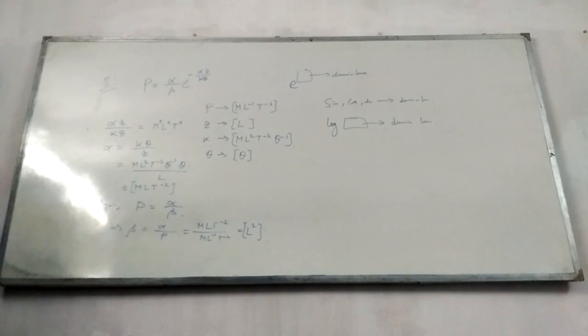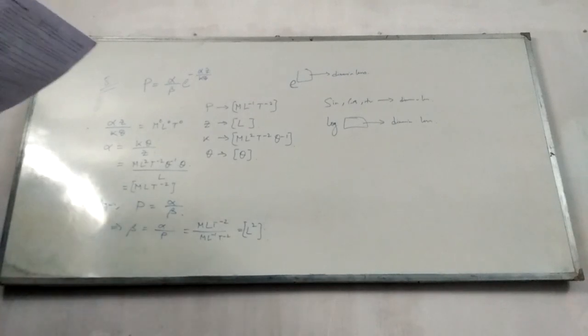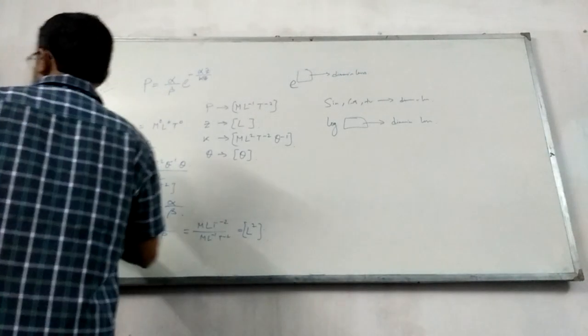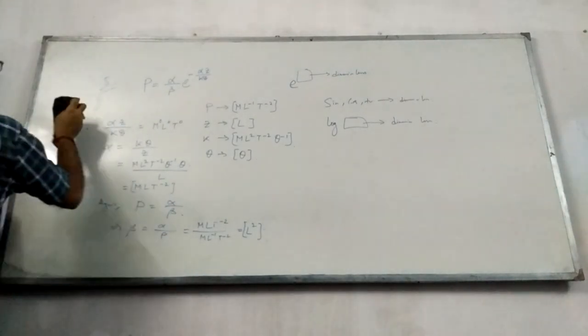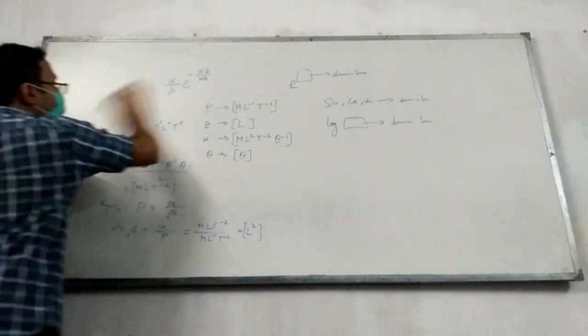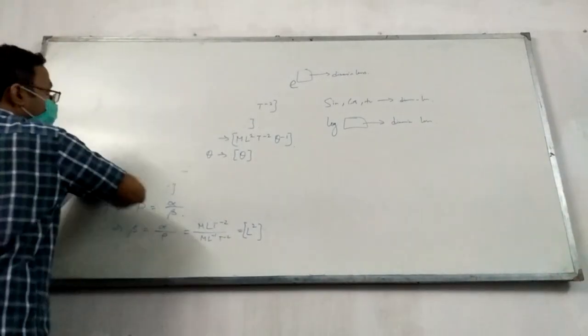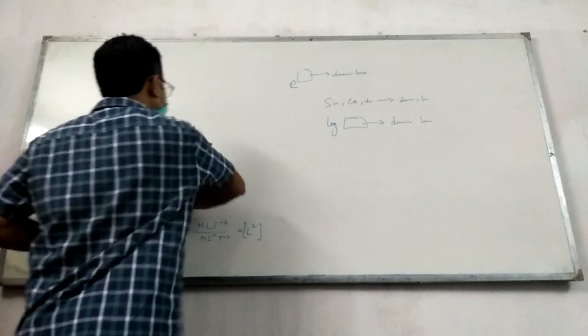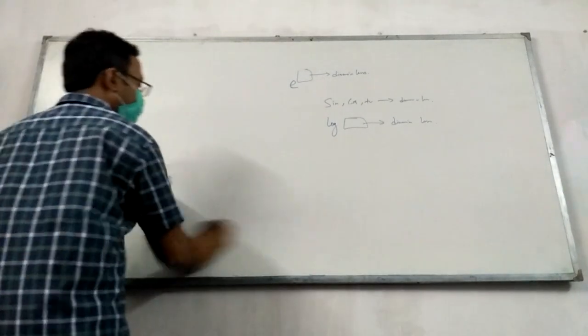Next, 9 says if the composite quantity is dimension of q.